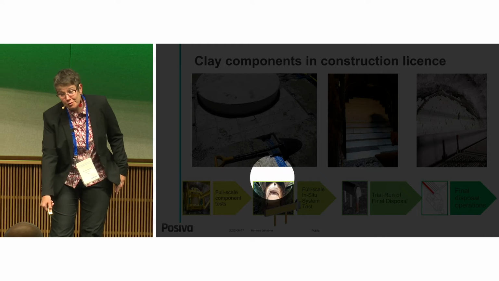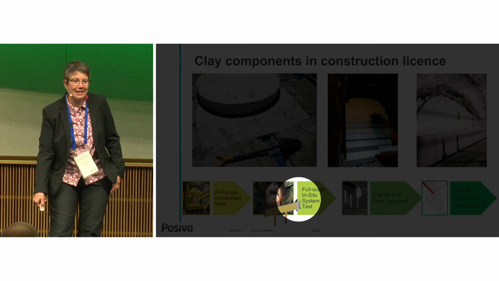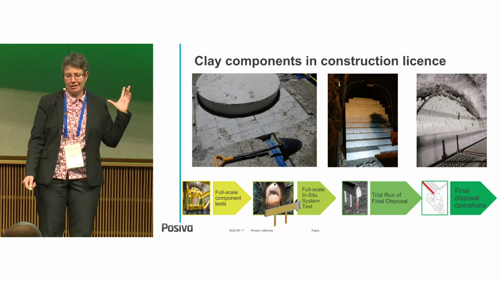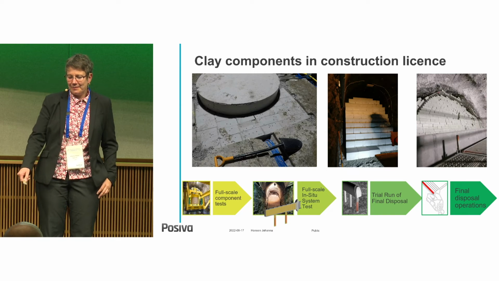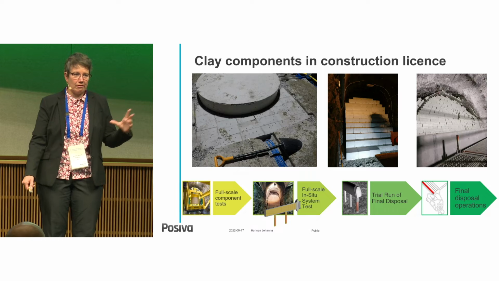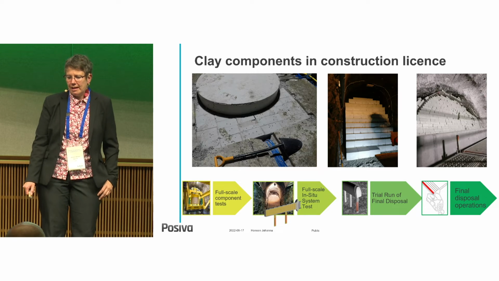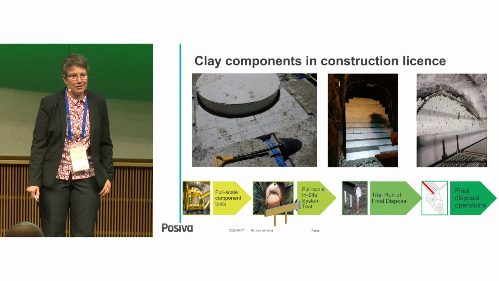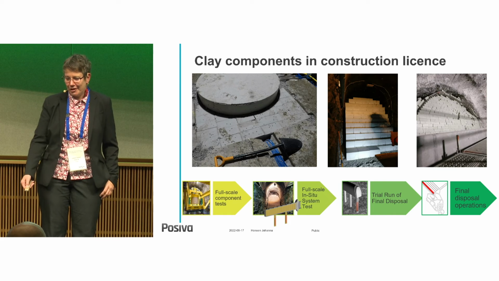And we moved into the full-scale in situ system test, where we tested the whole concept together. And the next phase, what we are actually doing now, is the trial run for final disposal. And after that, we are mature enough to start the operating period.